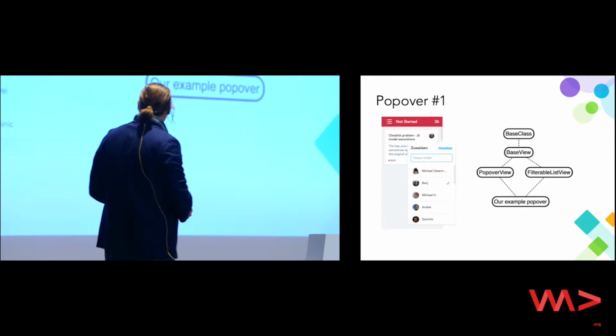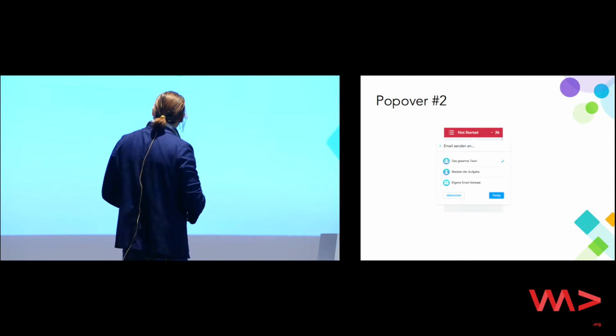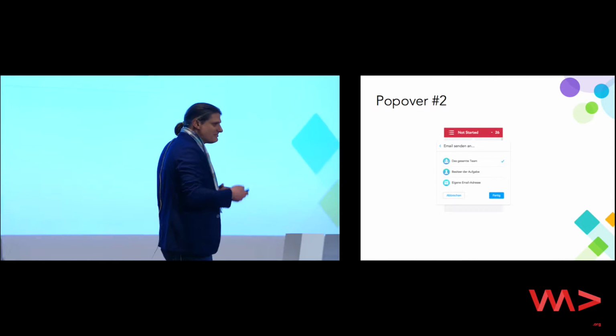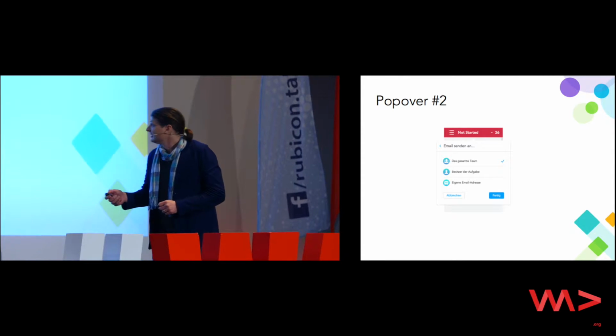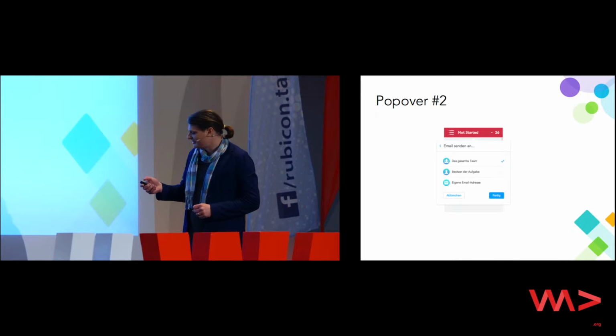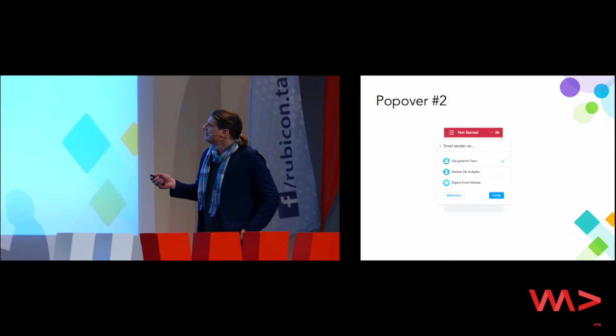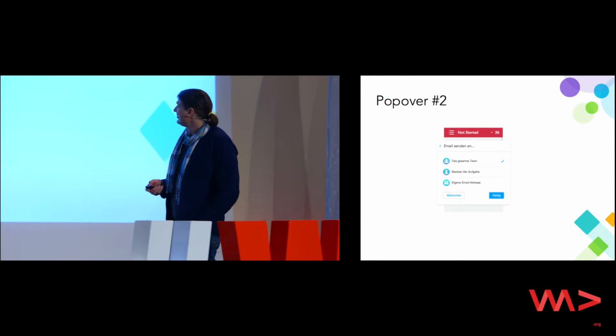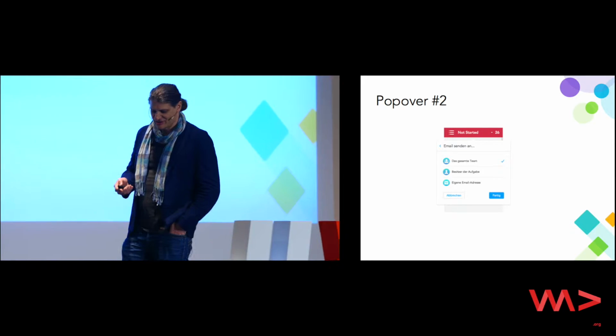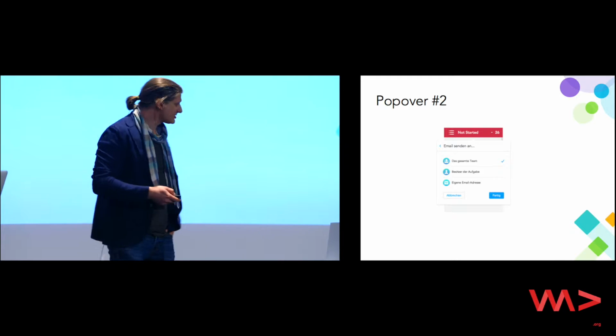And of course, some product managers say, we need some other kind of popovers that, for example, create some action where you can actually add an email. Sorry for the German screenshots here. The presentation is usually German, so I just changed the text.